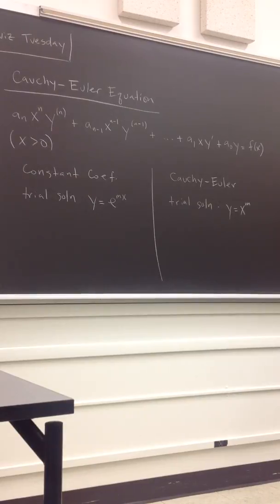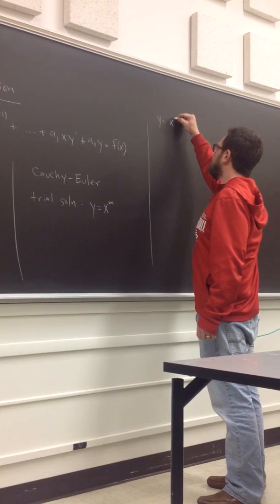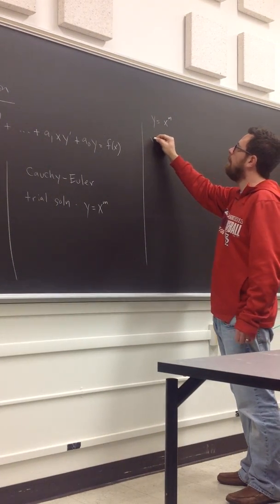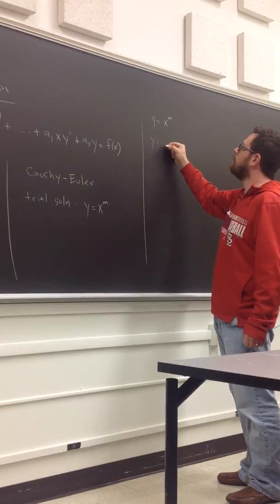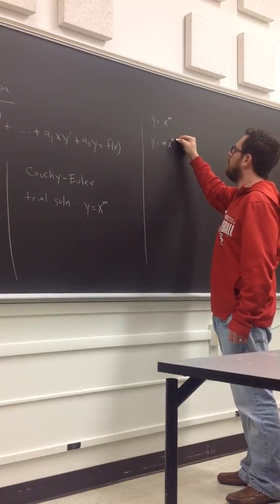Why do you think this is a good choice for a trial solution? Can you imagine what would happen after substituting? Let's write the first few derivatives. So y is x to the m, where m is constant. So y prime is what? m x to the m minus 1.